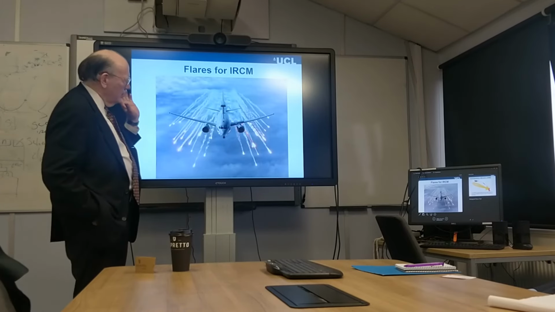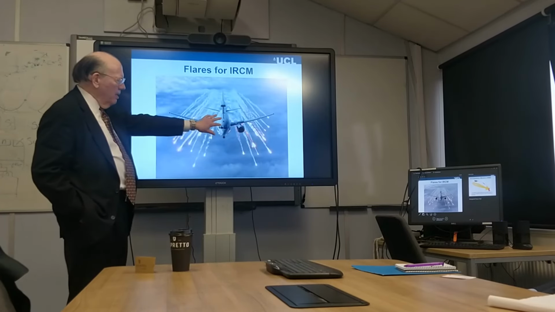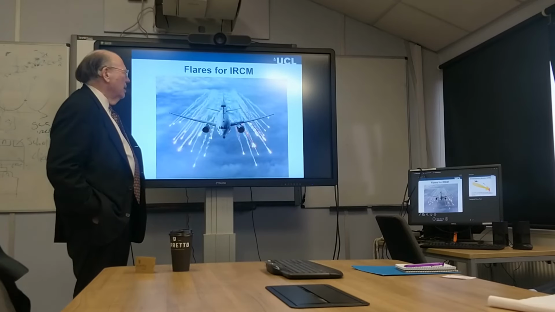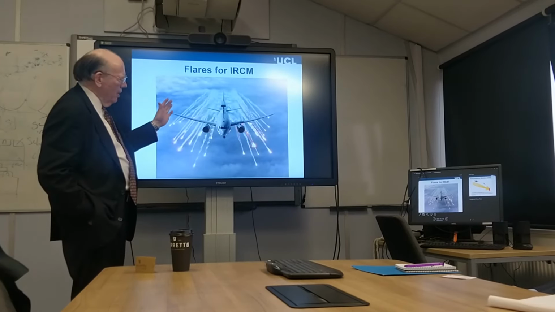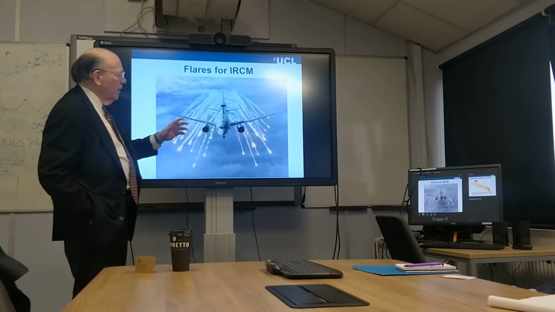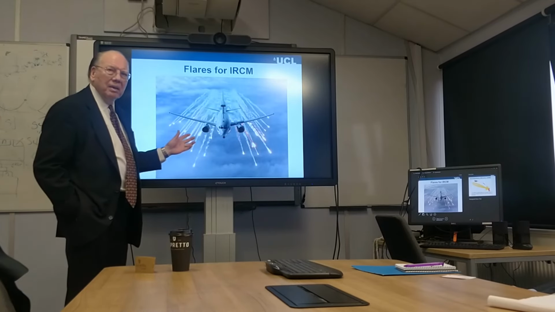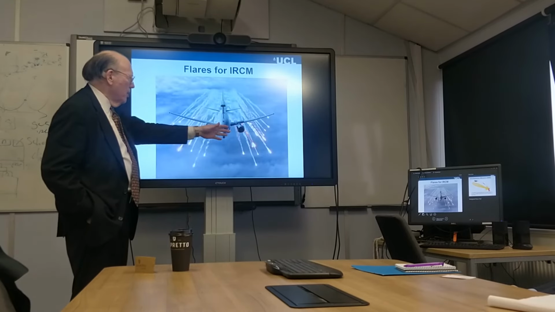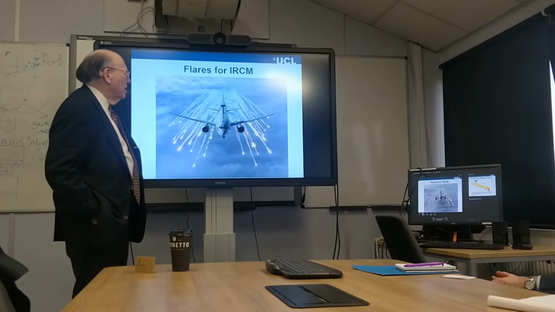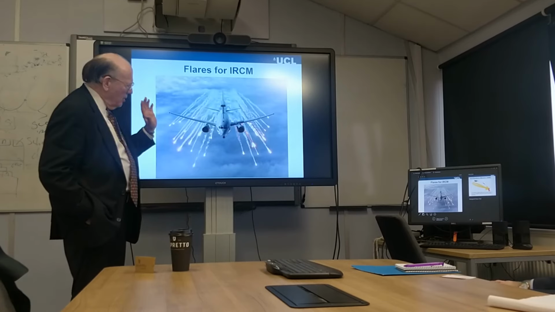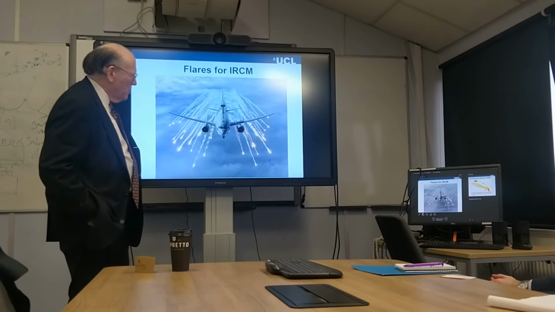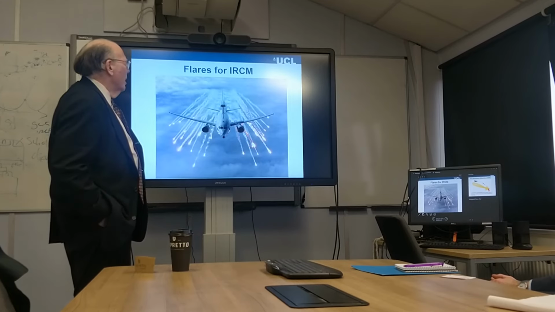So if he knows there's a fighter behind him, he's going to shoot out those flares and hopefully cause the infrared missile to go to the flare. The flare is going to be very hot compared to the heat sources on the aircraft, the engines primarily. So hopefully the infrared missile will lock onto a flare.